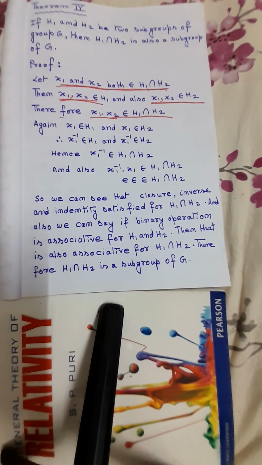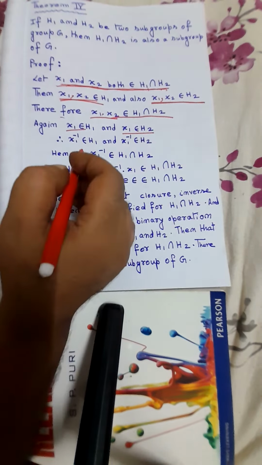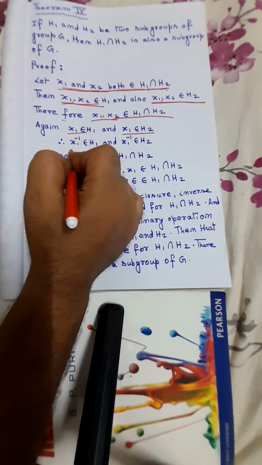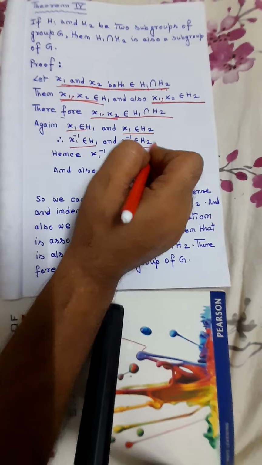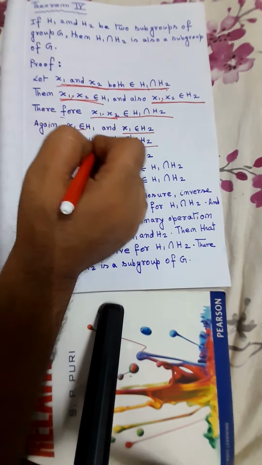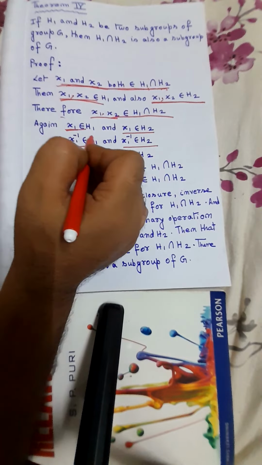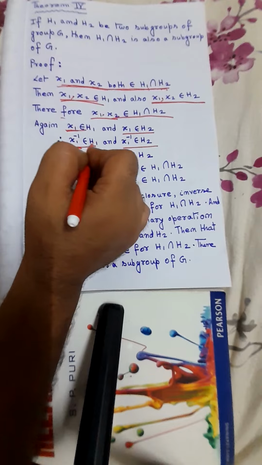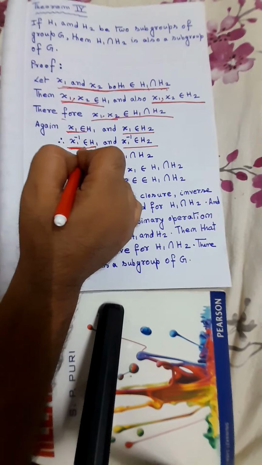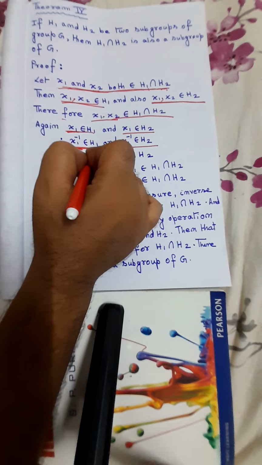Correct. Again, X1 belongs to H1 and X1 belongs to H2. Then we can say X1 inverse belongs to H1 and X1 inverse belongs to H2, because H1 is a subgroup. So for a subgroup, if X1 is an element, then it is obvious that X1 inverse will also be an element of H1.